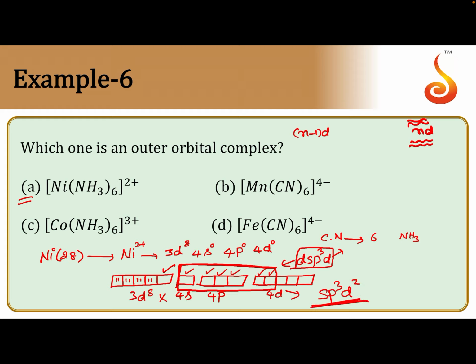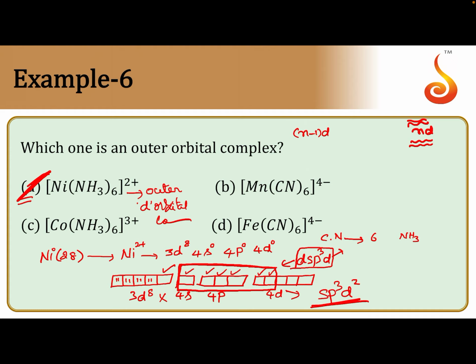Right? So the hexaamminenickel(II) ion is called an outer d orbital complex. The correct answer is A. No need to check B, C, D because this is a single answer type question.